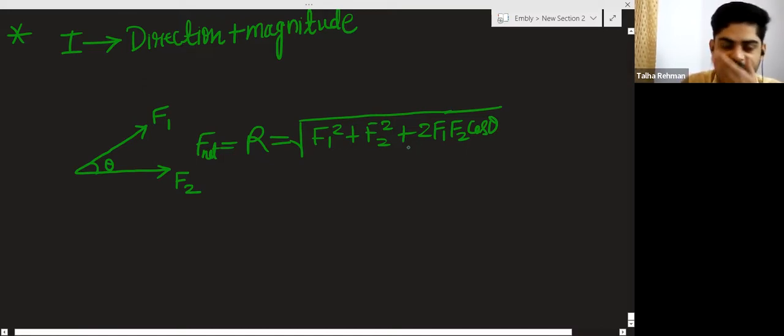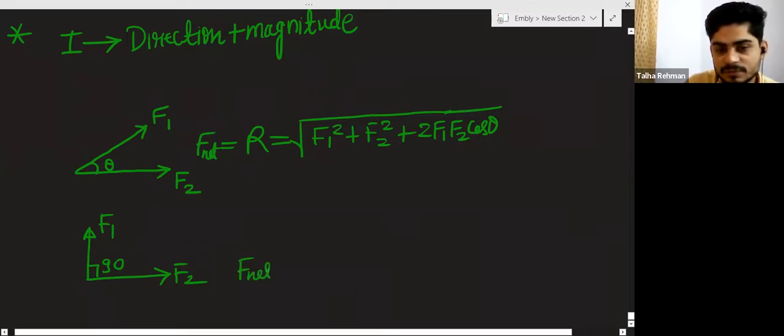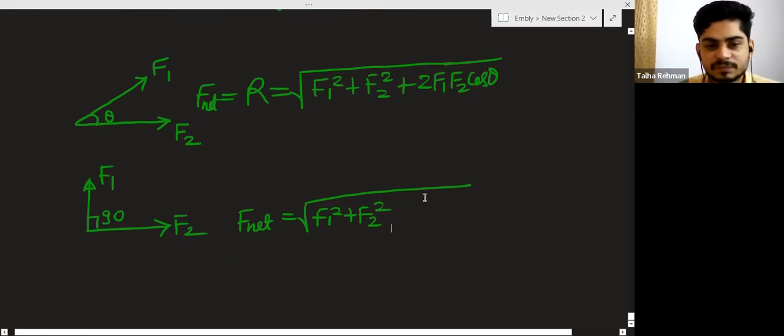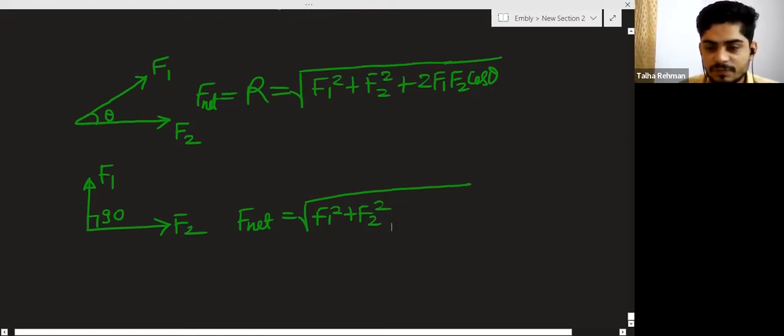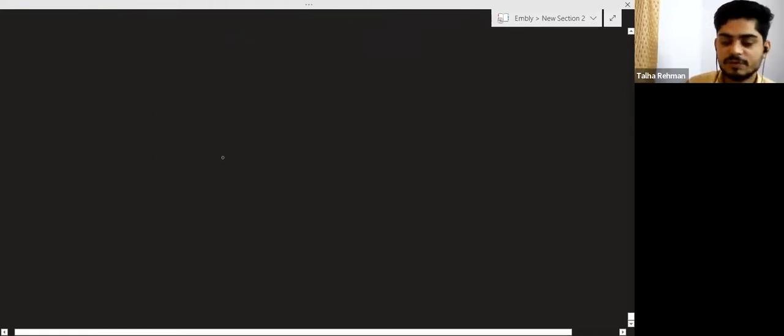When you change theta, and the angle becomes 90 degrees, then cos theta becomes 0, so the resultant changes. It becomes F1 square plus F2 square. The net force has changed when you change the angle. Now see what happens when we change the angle for current.